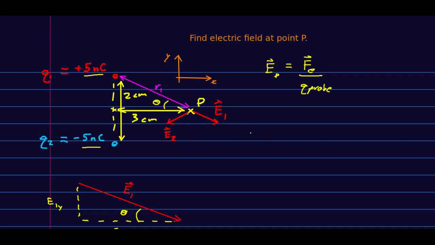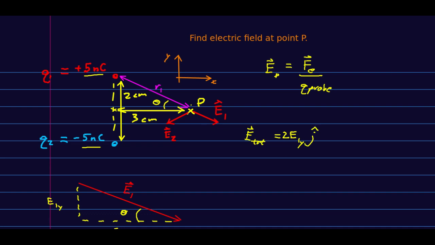So in the end, our E total is going to be nothing more than E1y times 2, because E2y is the same. That's it.